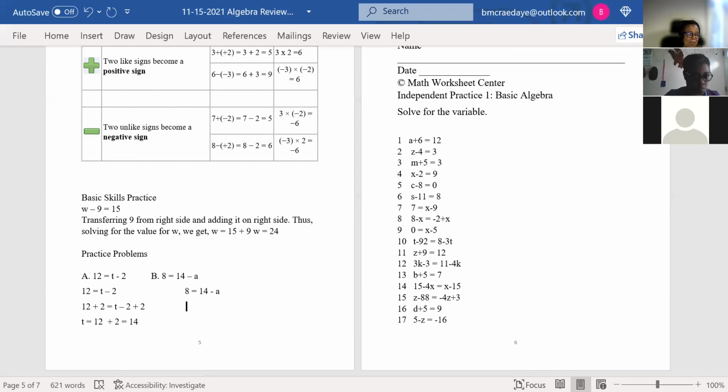Yes, but you've got 8 on the left. So what could you do to this equation? Or ask yourself, what number subtracted from 14 gives you 8?